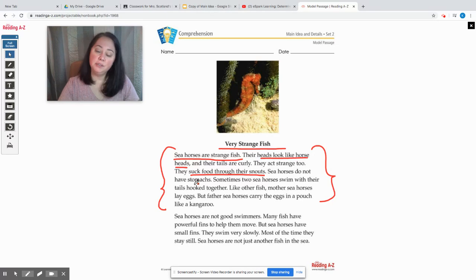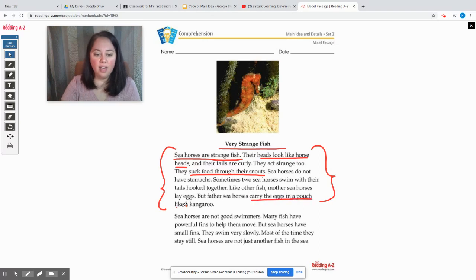Seahorses do not have stomachs. Sometimes two seahorses swim together with their tails hooked together. Sometimes we walk together holding hands like seahorses hook their tails together. Like other fish, mother seahorses lay eggs, but father seahorses carry the eggs in a pouch like a kangaroo.